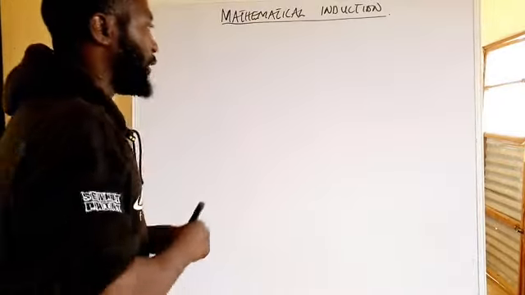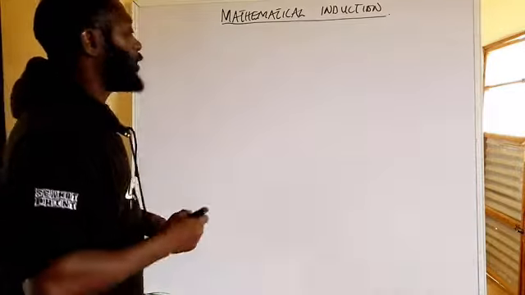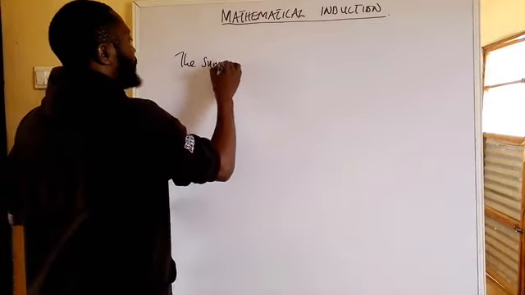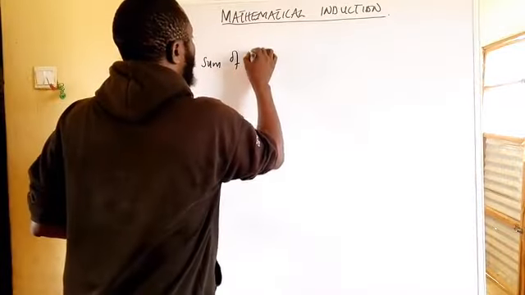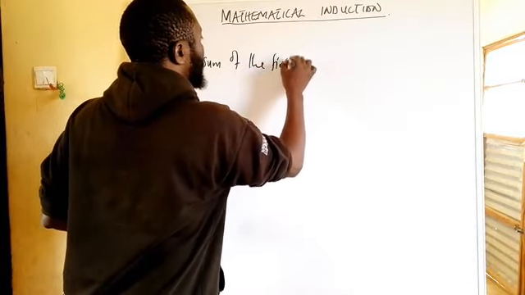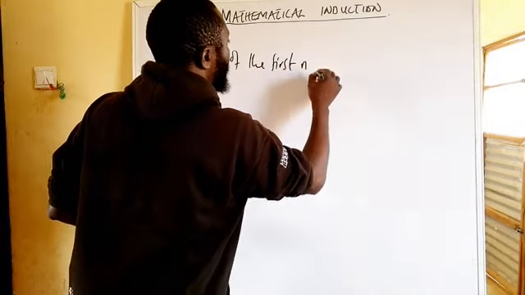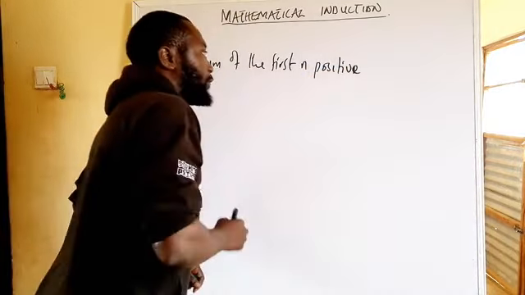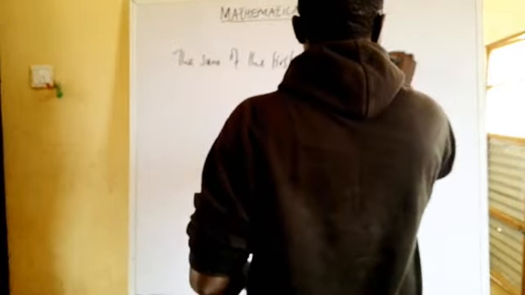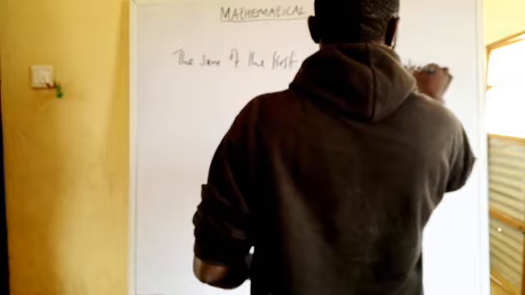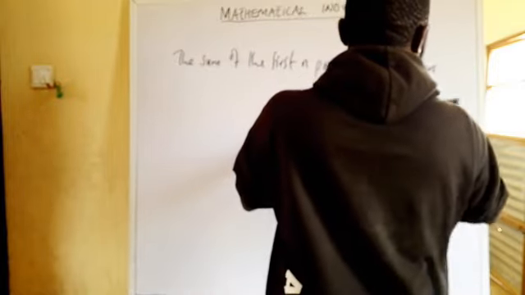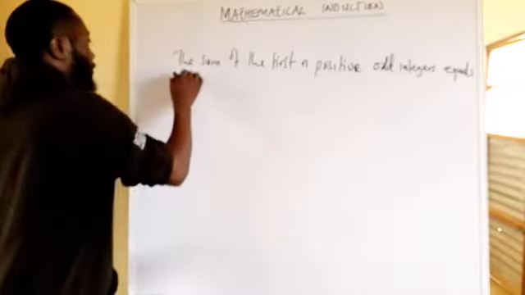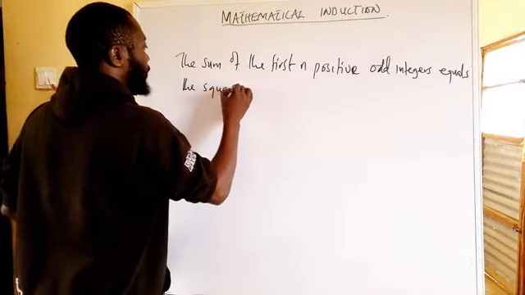Now let's consider this statement. The sum of the first n positive odd integers equals the square of n.